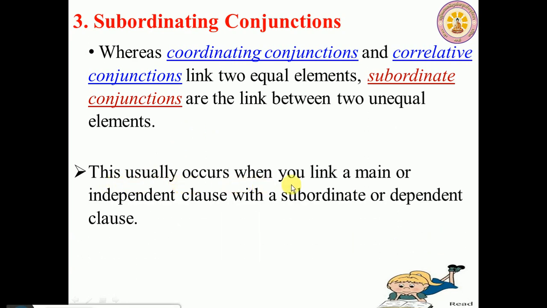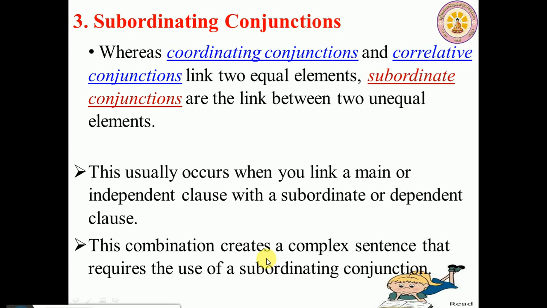They usually occur when you link a main or independent clause with a subordinate or dependent clause. So a subordinating conjunction is used to join a main clause with a subclause, or a subclause with a main clause.